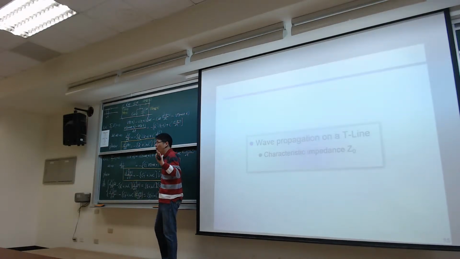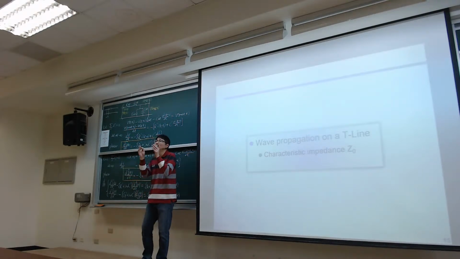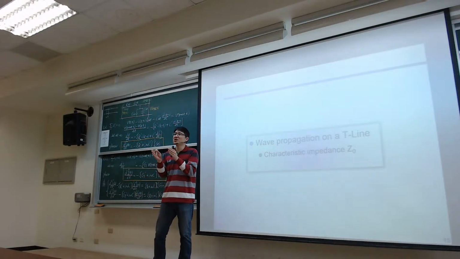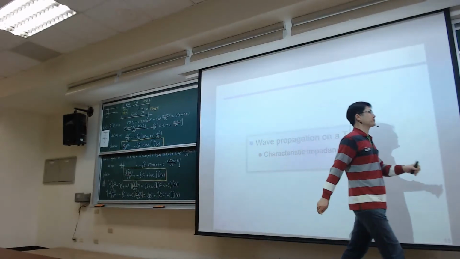So let's try to do it. Let's try to perform one spatial derivative, and then we somehow combine and look at the resulting relationship, and then we can define the current amplitudes.